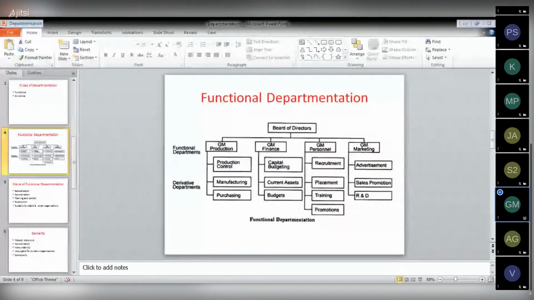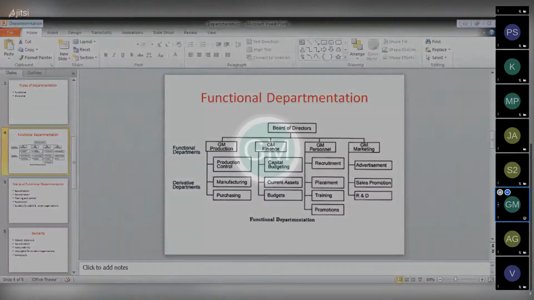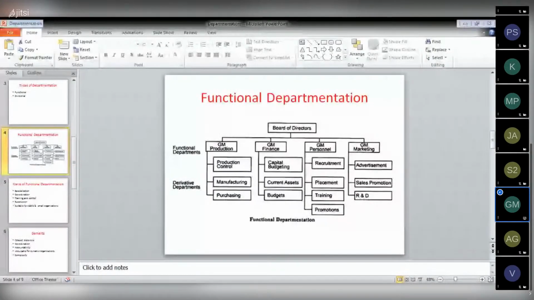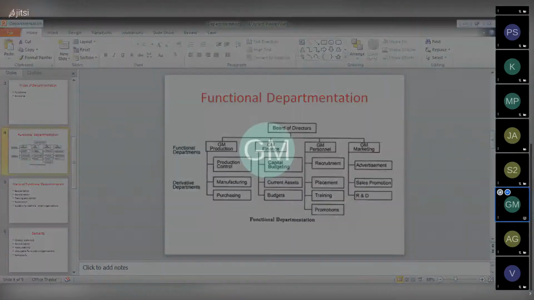Firms operating in a dynamic environment are well suited for divisional departmentation, because if there is a change in the environment, it can be easily incorporated into the division. That's why flexibility and quick decision making are possible in this kind of departmentation.